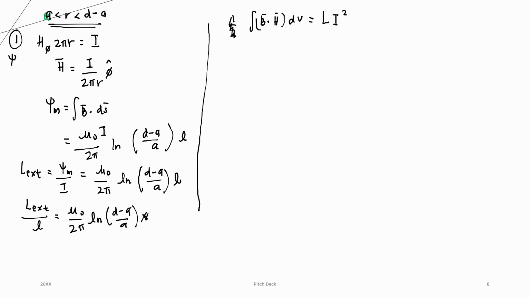The B is the same as before, so we will get mu naught I squared over 4 pi ln (d minus a) over a L equals half L i squared.